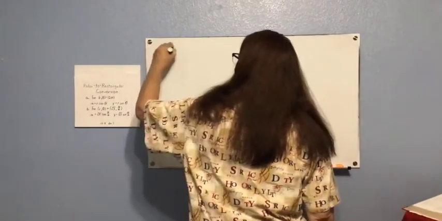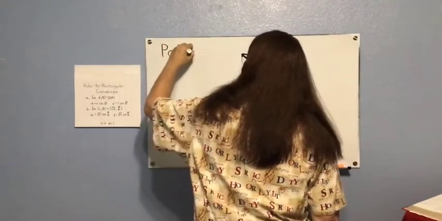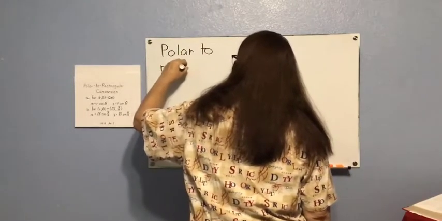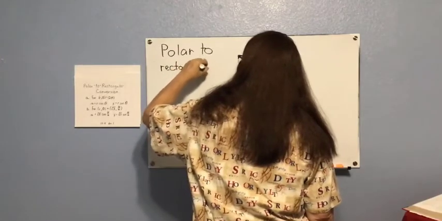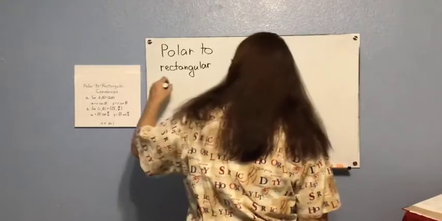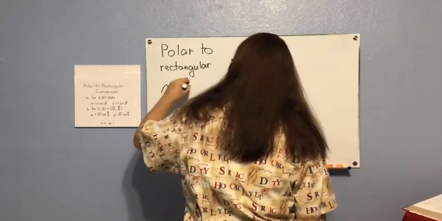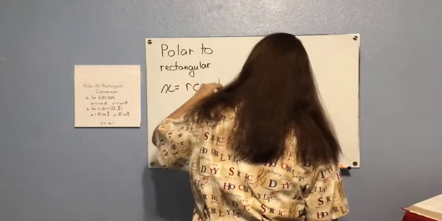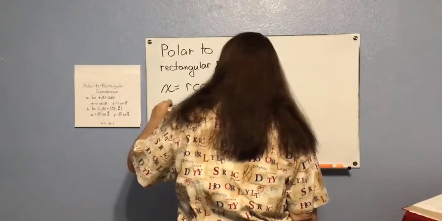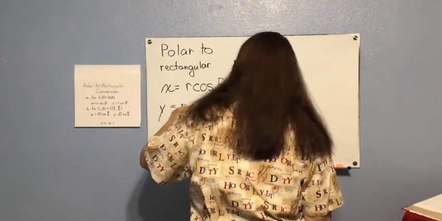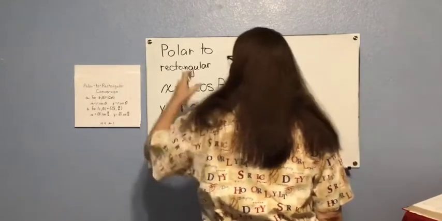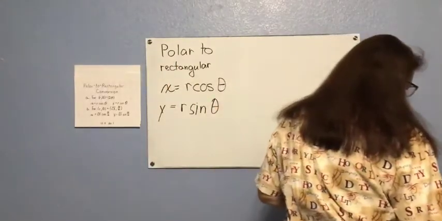Let's take a look at how we can convert. If we want to go from polar coordinates to rectangular, we just need to remember that x is equal to r cosine of theta. Theta is what we use for our angle. And y is equal to r times the sine of theta. So that's our conversion from polar to rectangular.